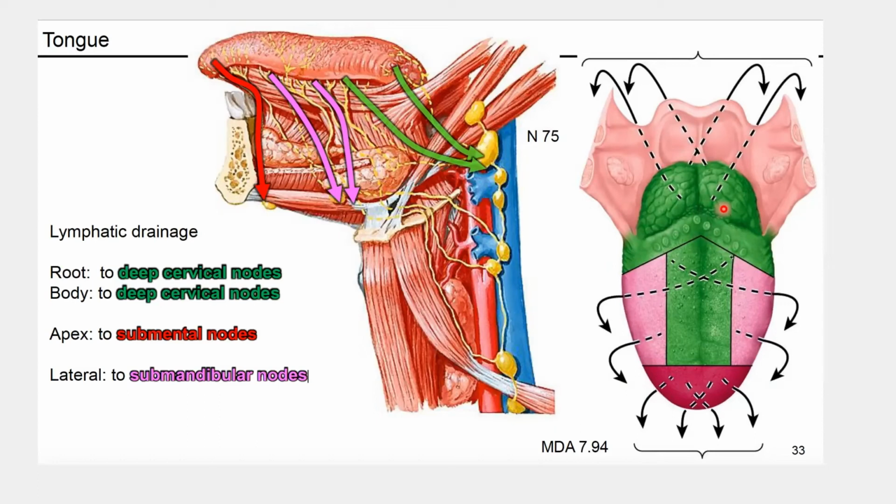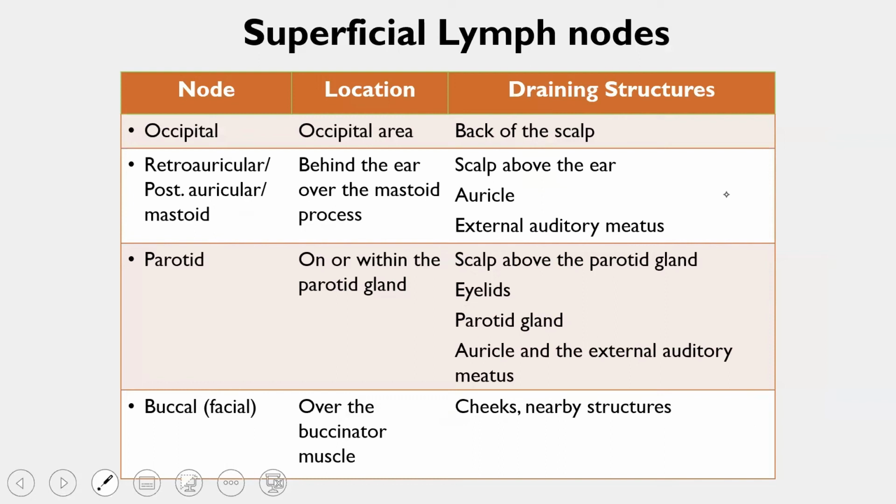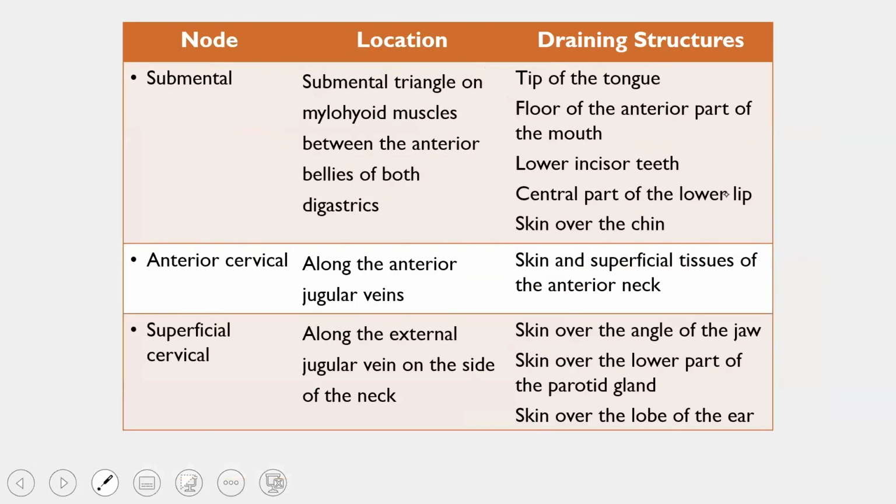So you can't decide which side the lesion is on depending on which side lymph nodes are enlarged. I hope you are clear about that. If there are any clarifications, please ask, okay? So I have included a chart including the lymph nodes, the location where they are found, and the structures which drain into them. You can go through them.